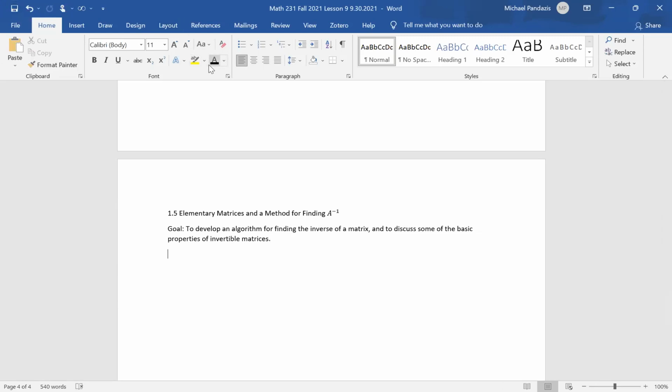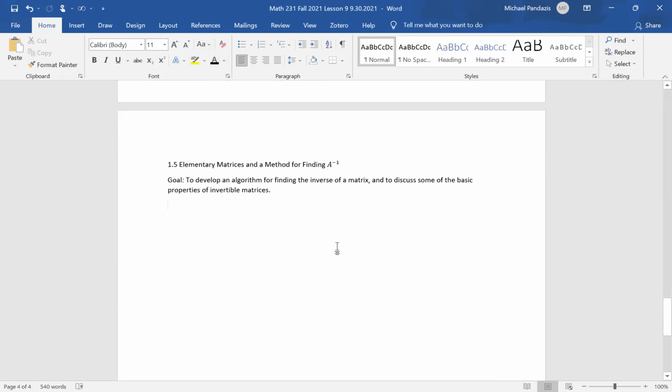All right, so first, in order to develop a method for finding A inverse, to develop this algorithm, we have to first talk about what are called elementary row operations on a matrix A. There are three of them.